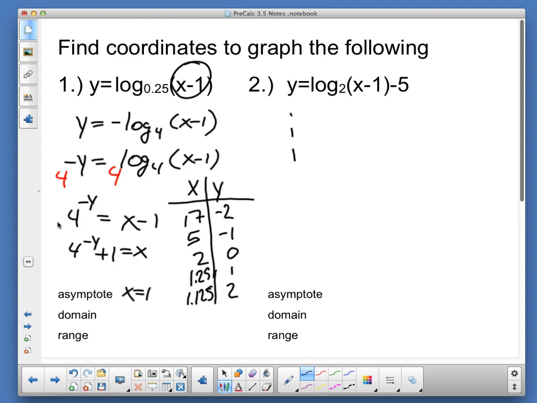If you want to kind of quick graph and think about it, I've got x equals 1 as my asymptote going on here. I've got 17, negative 2. I got 5, negative 1. I got 2, 0. I've got 1.25, 1, and 1.252. This graph is going to come down like this and go off. So my domain goes from 1 to infinity.